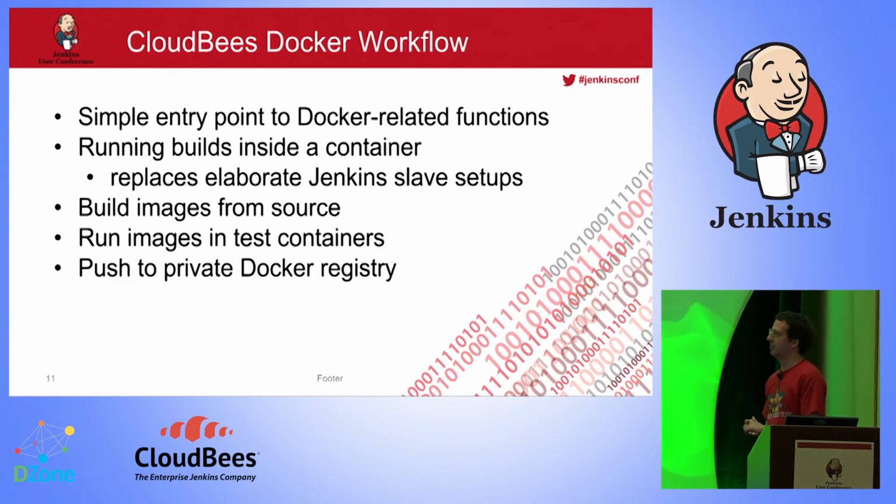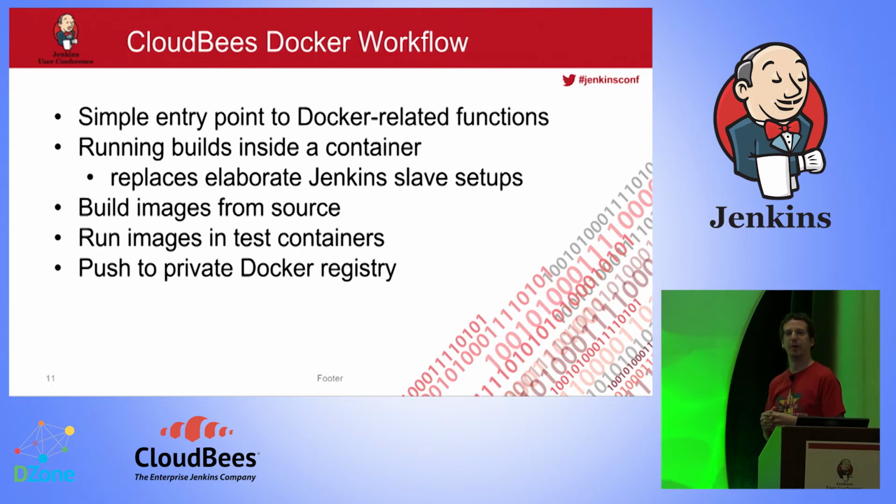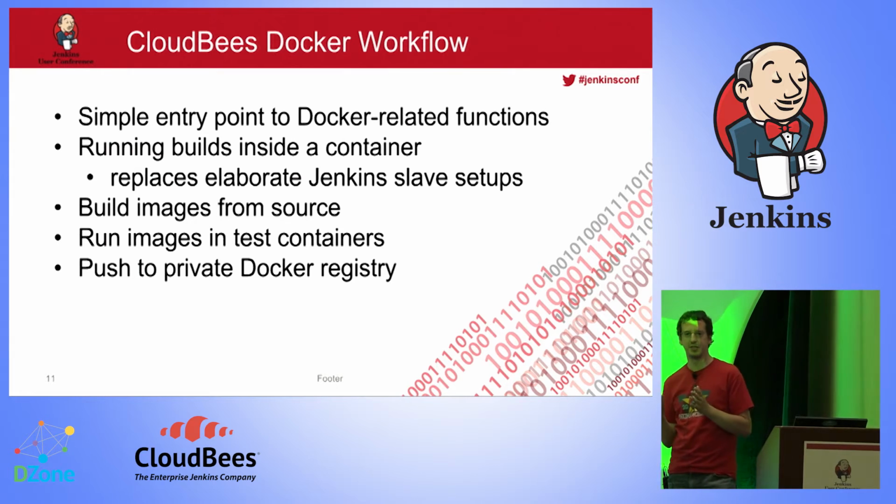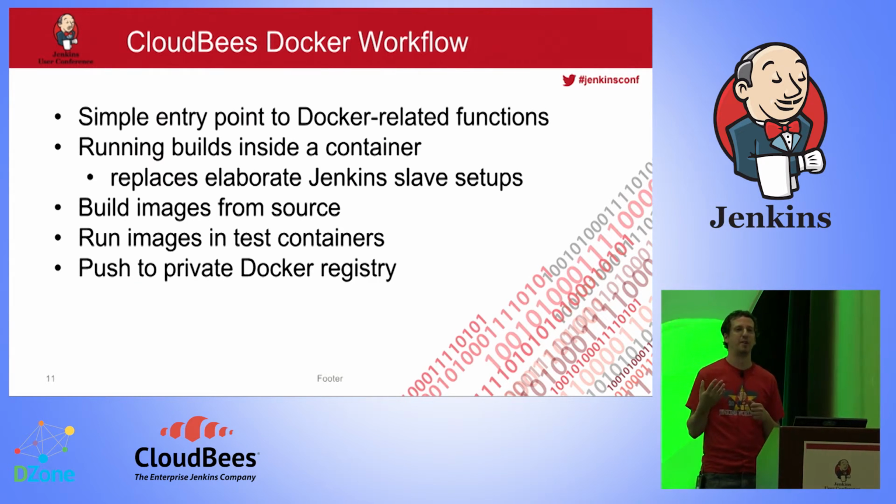Basically, before this kind of feature was available, if you had specialized tooling requirements for Jenkins builds, you had to put a lot of effort into making sure that the Jenkins slave was set up in a very particular way.